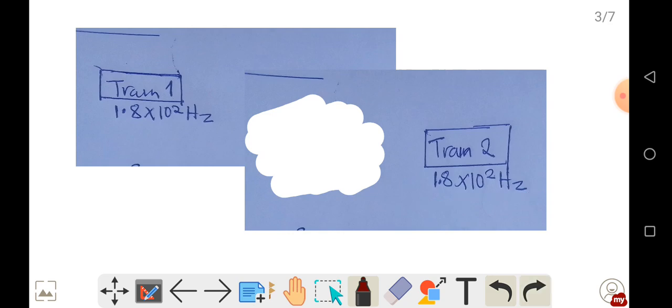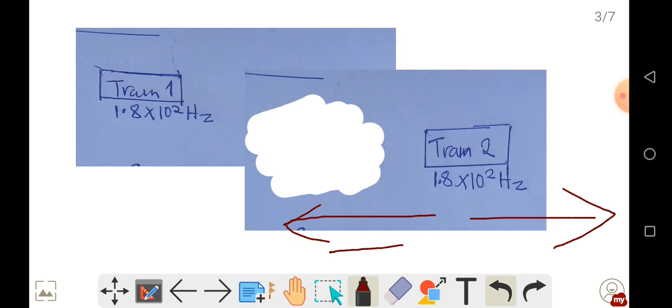Train 2 could be moving in this direction or this direction. So we have to calculate the speed if it's moving in this direction, and also the speed when it's moving in this direction. Right, so how do we do that?